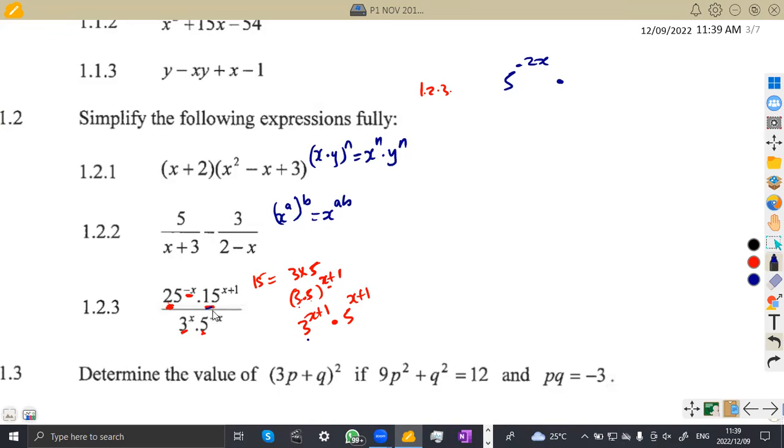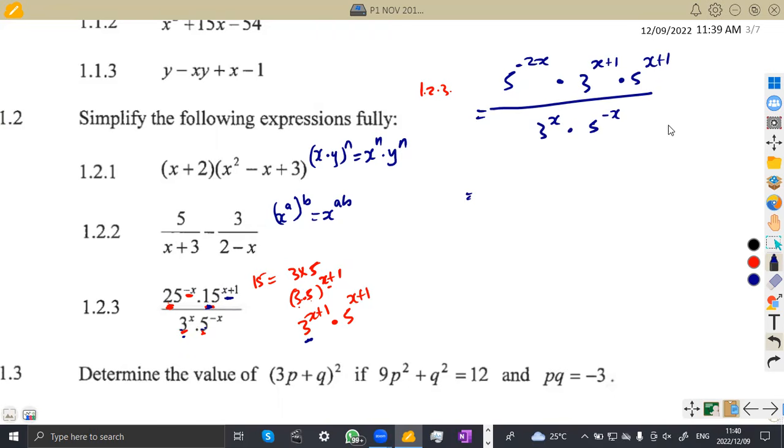So we can rewrite 15 to the exponent of x plus 1 in this format as 3 to the exponent of x plus 1 times 5 to the exponent of x plus 1. Everything over these two numbers, they are already in simplified form, so we're just going to rewrite them as they are. So this is the given expression that you're going to have now.